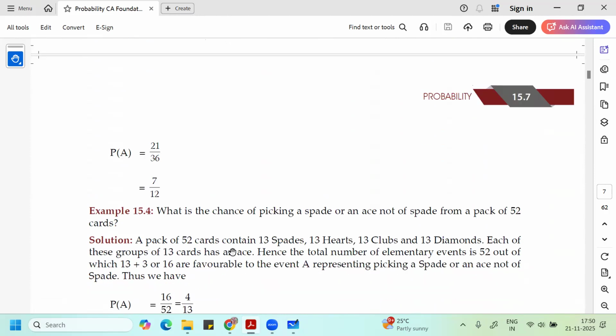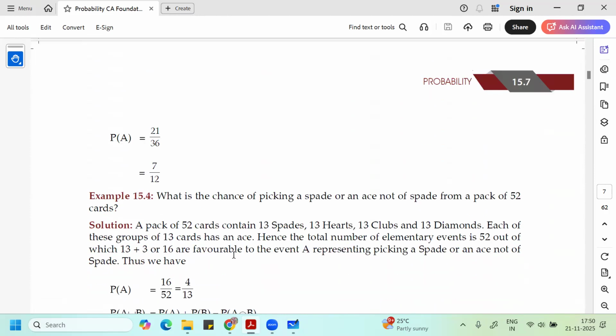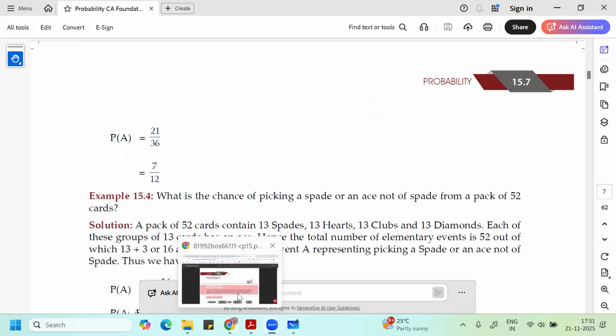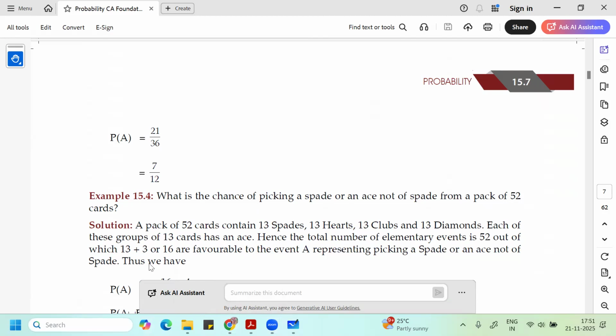What is the chance of picking a spade or an ace, not of spade, from a pack of 52 cards? When we are talking about a pack of 52 playing cards, I think you should know the arrangement. You have four suits: spade, diamond, heart, and club.